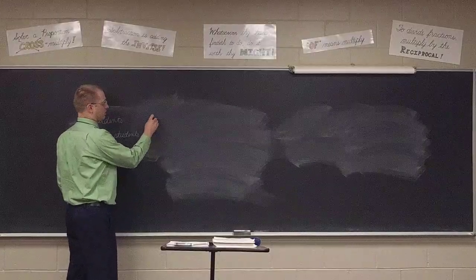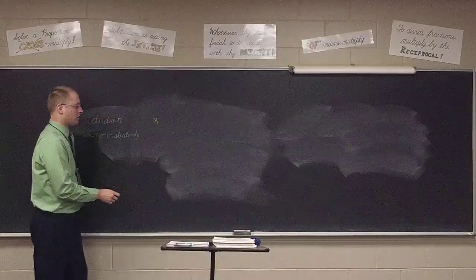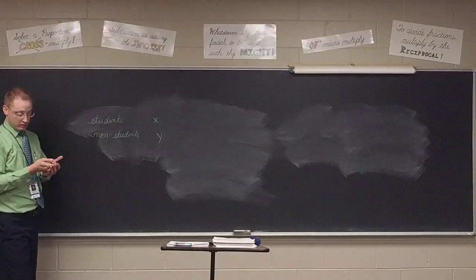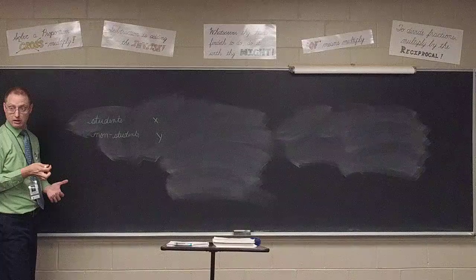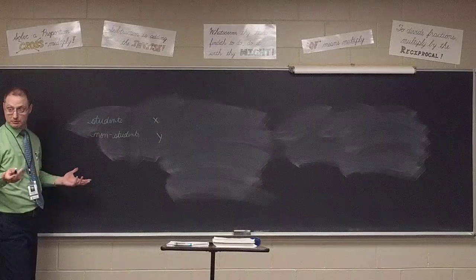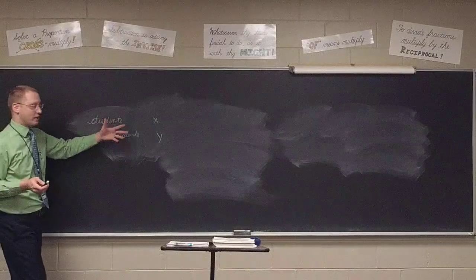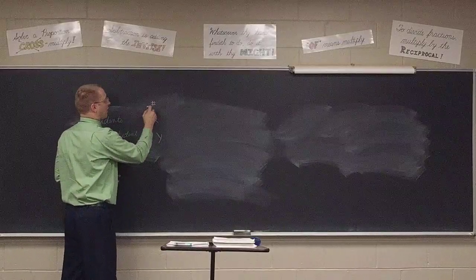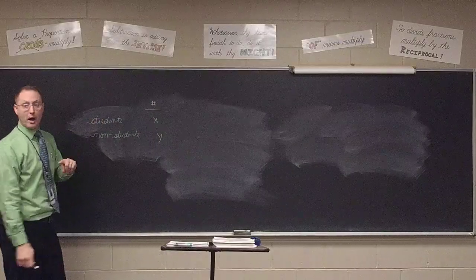Students are X, and non-students are Y. And we're specifically referring to what about the students and non-students? How many of them, right? Not how much they're paying, but how many of them. In other words, we could say the number of students and non-students, because we know how much they each pay.